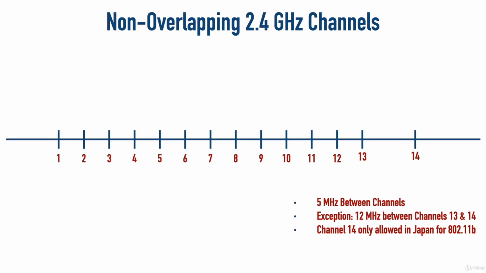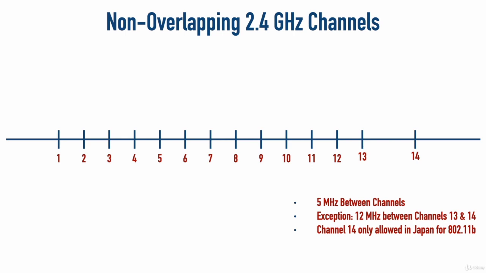And we want to have nearby access points on different channels so they don't interfere with one another. We call that having non-overlapping channels. And a misconception is if I put my access point on channel 1, you can put your access point on channel 2 to avoid that overlap. Well, that's not the way it works.